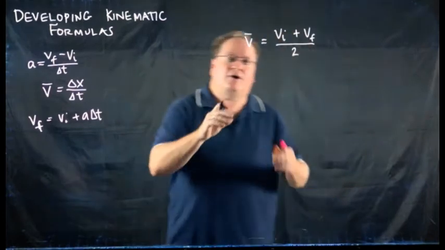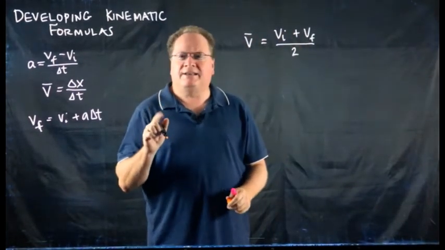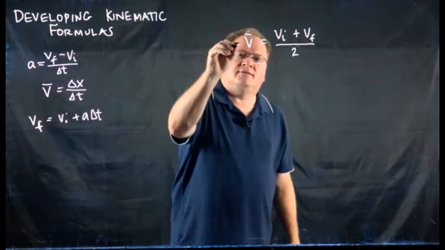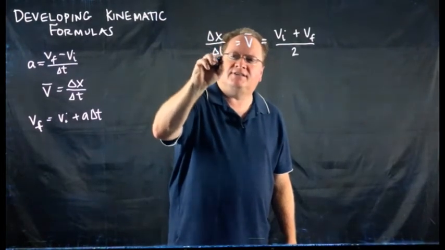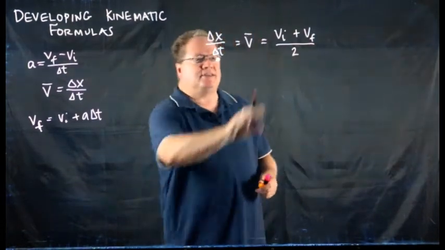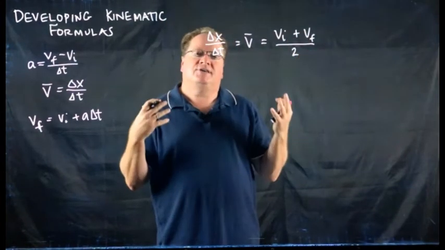All right, so I know the average velocity is going to equal this, but we also already know that average velocity equals delta x over delta t. So if this equals average velocity and this equals average velocity, then these two must equal each other.